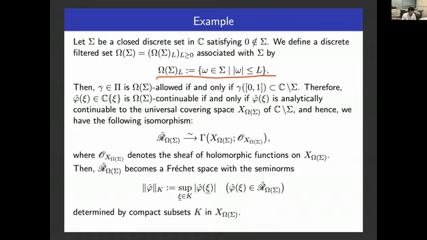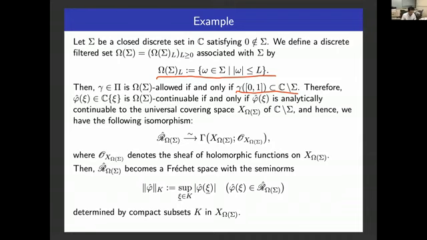If an element omega in sigma has absolute value less than or equal to L, it is contained in omega sigma L. And in this way, we define a discrete filtered set from sigma. And then gamma is omega sigma allowed if and only if gamma satisfies this condition. So gamma avoids the points in sigma. Then we say gamma is omega sigma allowed.